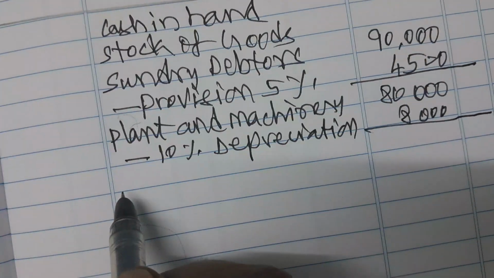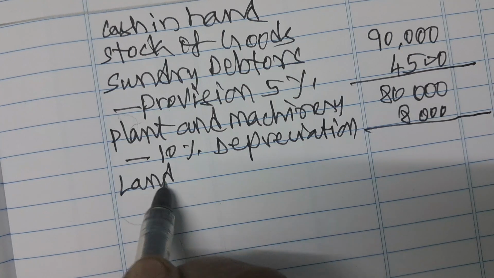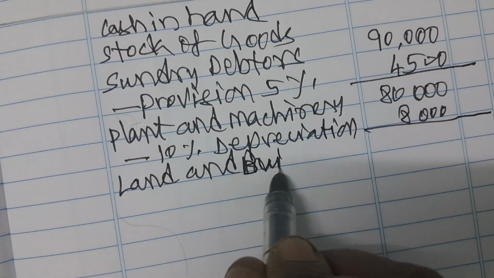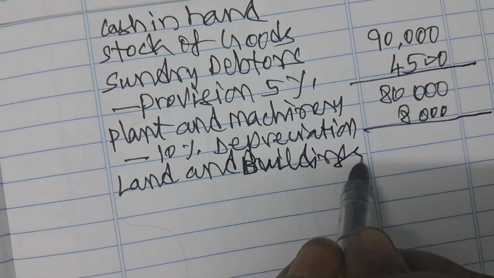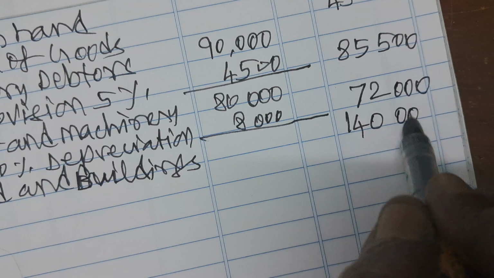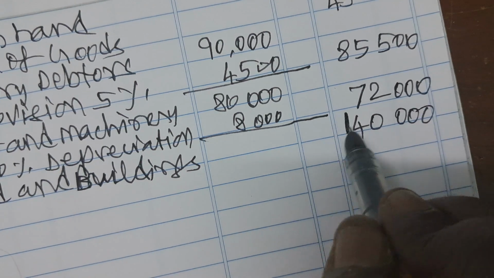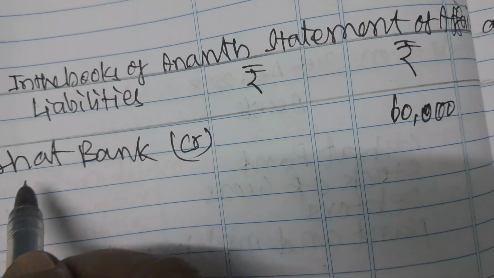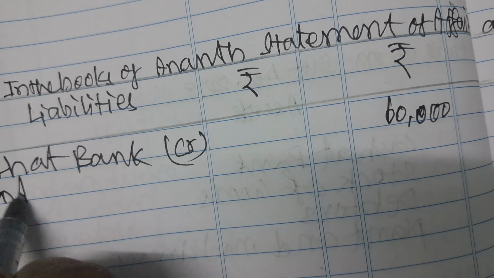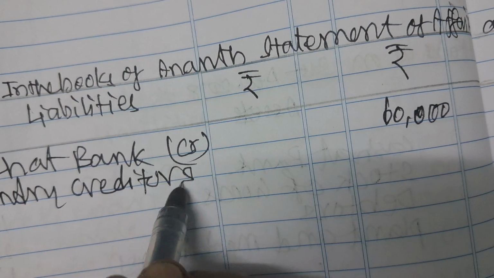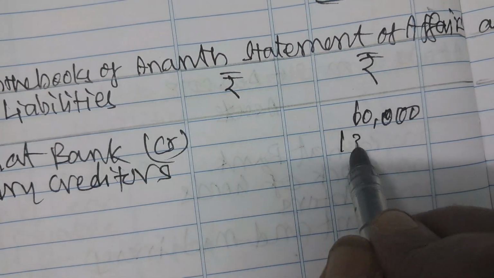Land and buildings 1,40,000. Sundry creditors, liability, 1,30,000.